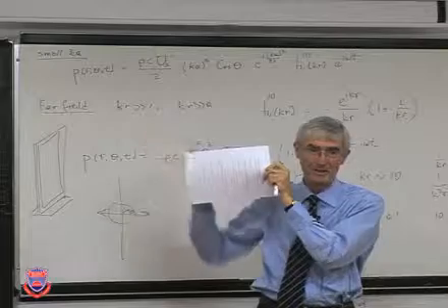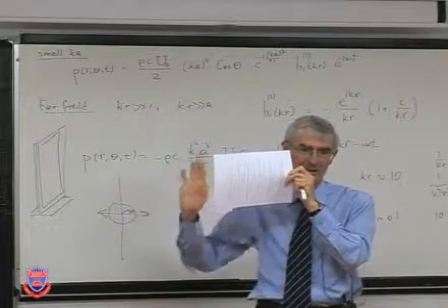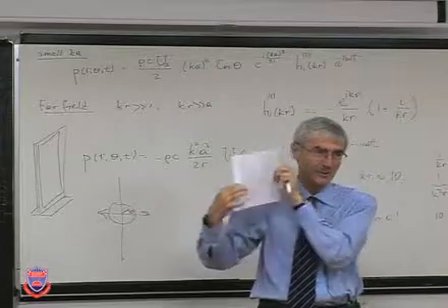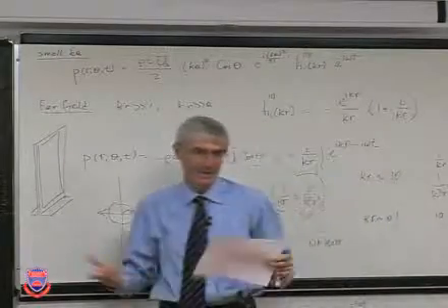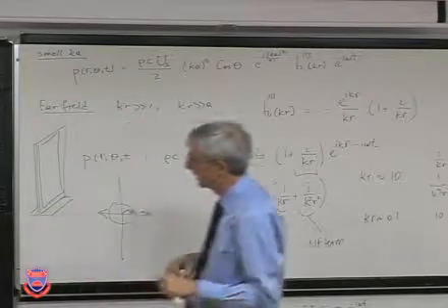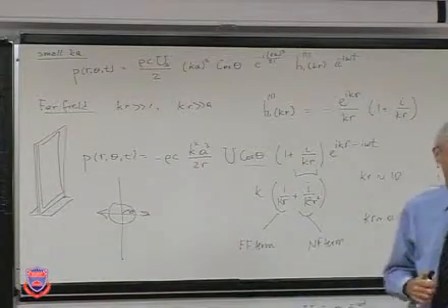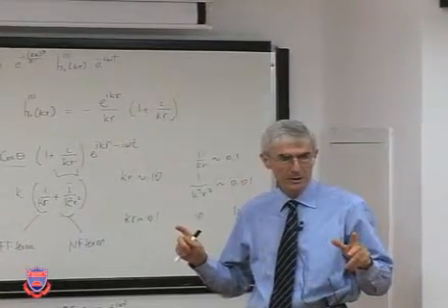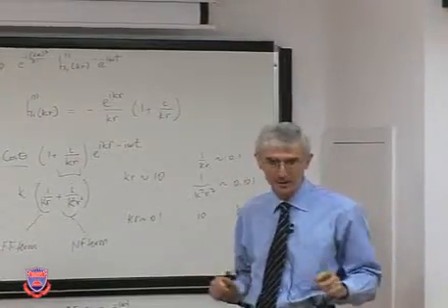For the obvious reason, it's moving in this direction, back and forth. So maximum is either here or here, but nothing much here. And so that is a good example of a dipole type of radiation. All right? Any questions?